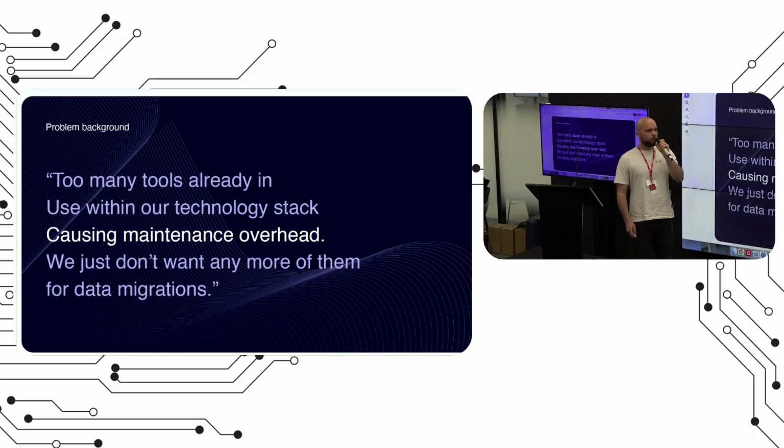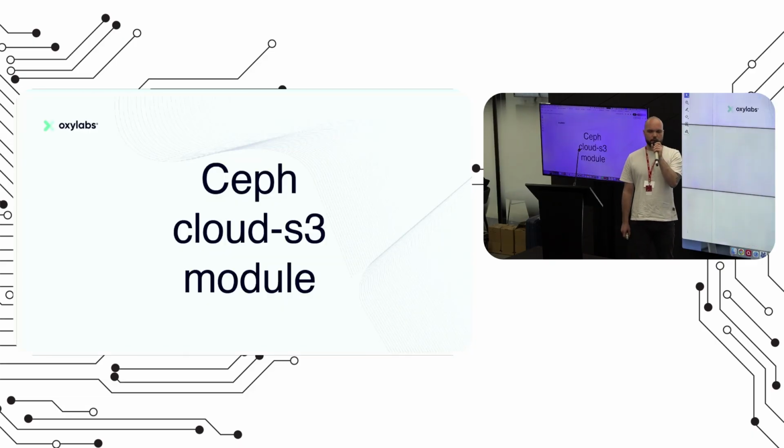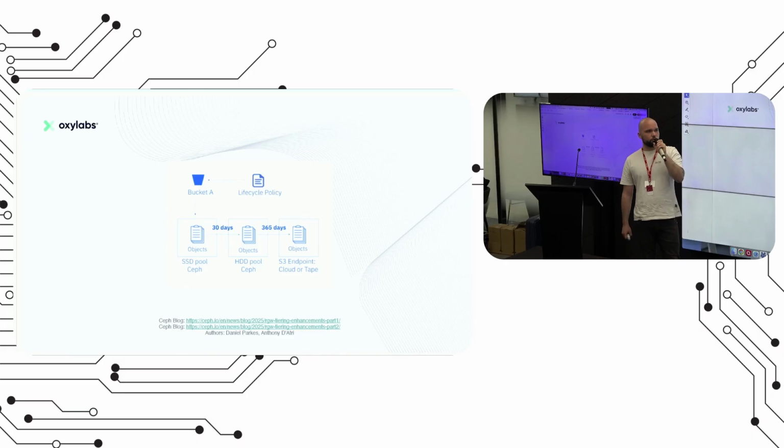So that's when we decided to look at the Ceph Cloud-S3 module. The Ceph Cloud-S3 module is an awesome piece of engineering. There are 2 Ceph blog articles written by Daniel and Anthony. I would highly recommend reading through those, but the main idea is that you have some kind of bucket, you have a lifecycle policy, and you can move the data between various pools.